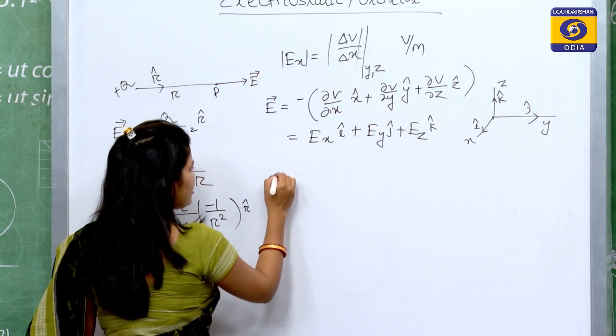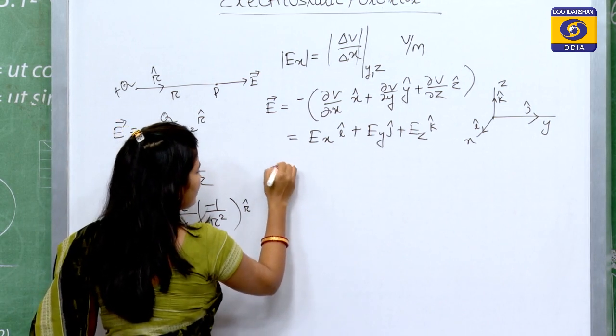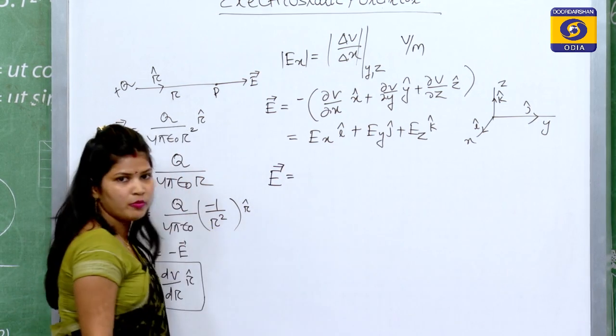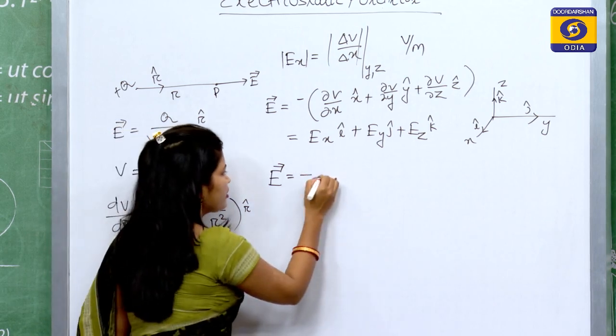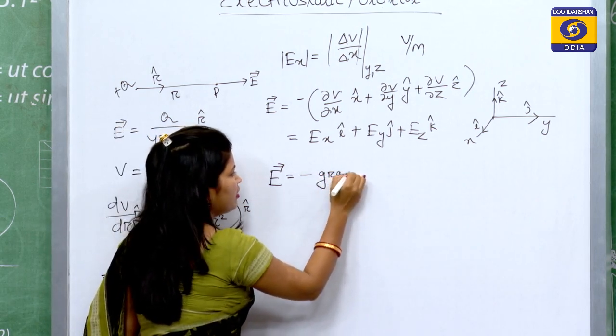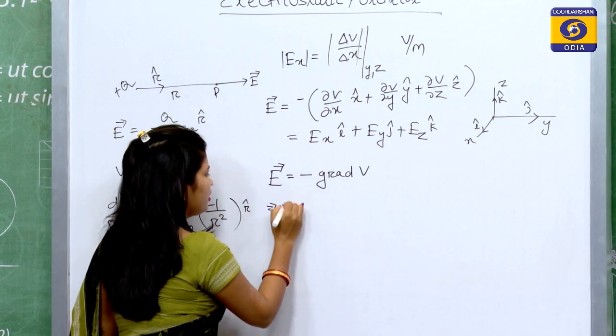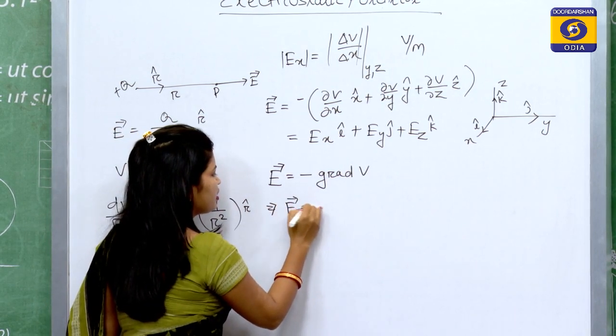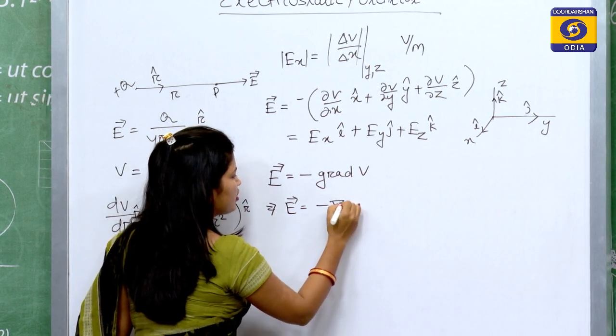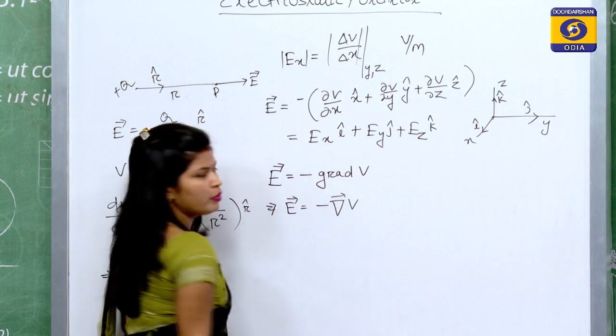So, I would write electric field E vector in the form of minus grad V, or in symbolic form, E vector is equal to minus gradient of potential V.